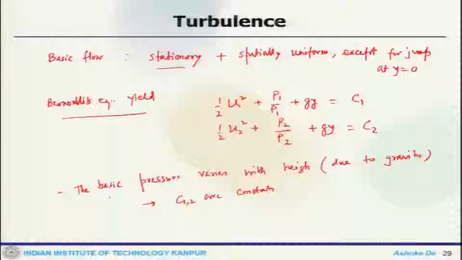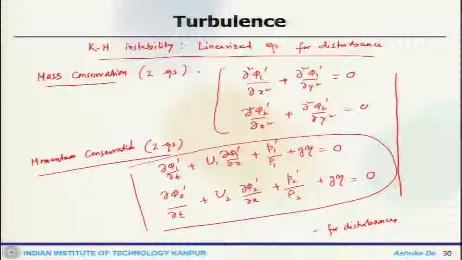Now, for base flow, which is stationary and spatially uniform, except for that location where y equals 0, there could be a jump. We get this equation, and the basic pressure varies with height. So, finally, we had a linearized equation for the disturbances.